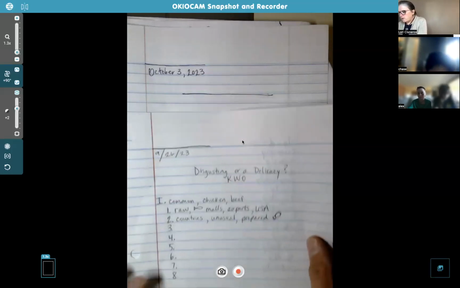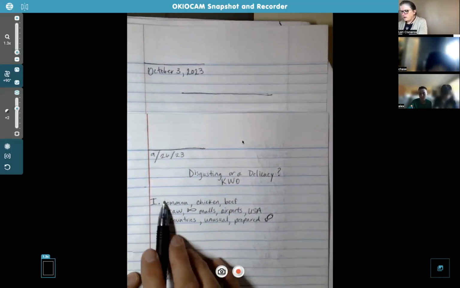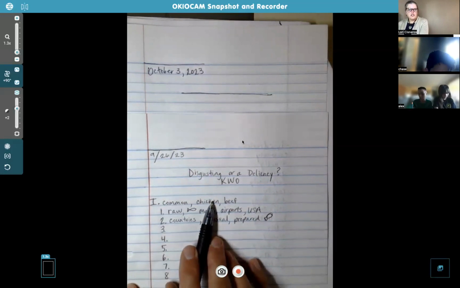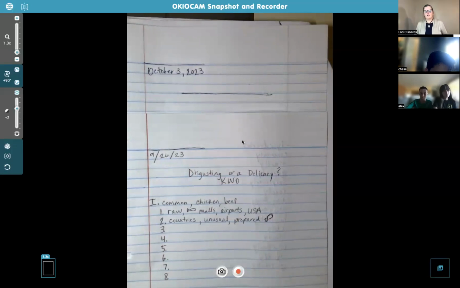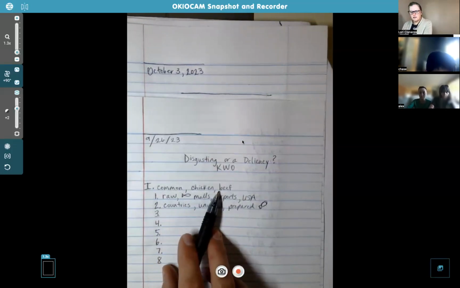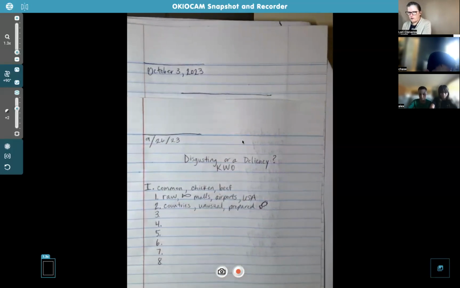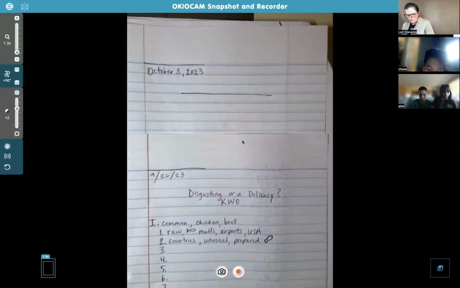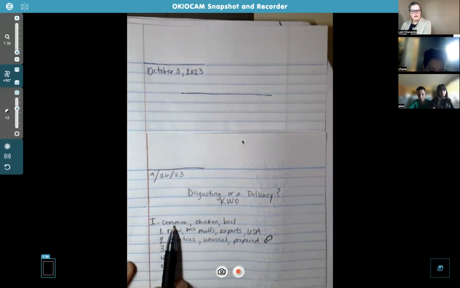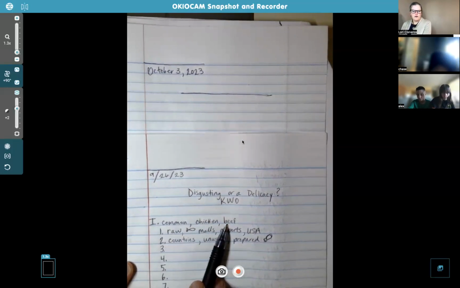So looking at your keyword outline, now Roman numeral 1 says common, chicken, and beef. So I'll start with Alex. Using those key words, can you think of a complete sentence that we could start off our paragraph with? What was that again? Okay, we're looking at Roman numeral 1, common, chicken, beef.